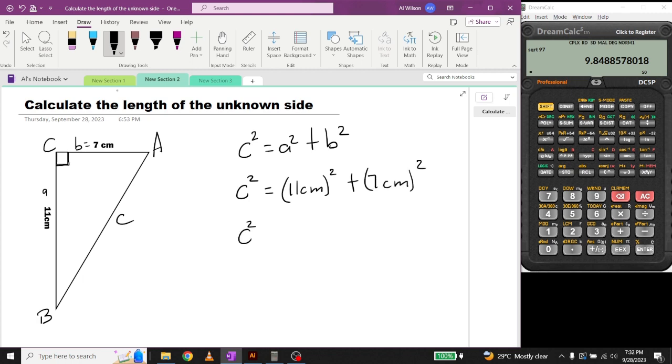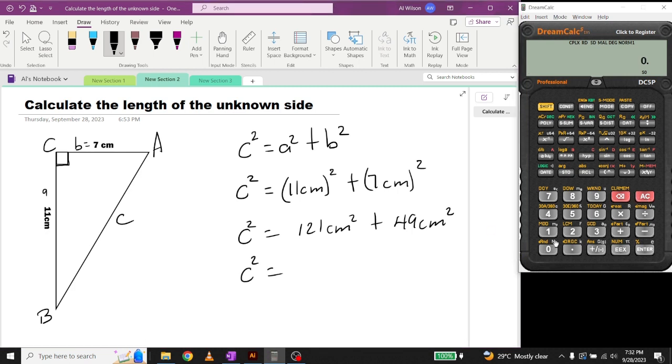Therefore, C squared is equal to 11, let me tap my square, so that's 121 cm squared, plus we're going to have 7 squared, which is 49 cm squared. So continuing, C squared will be equal to 121 plus 49, which will give me 170 cm squared.